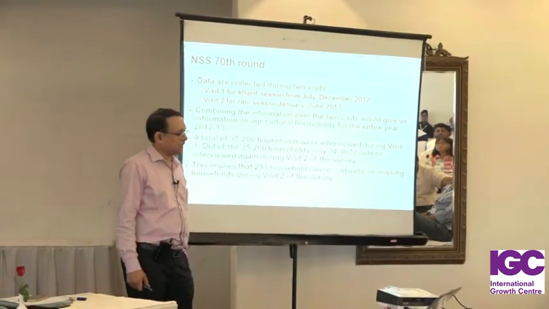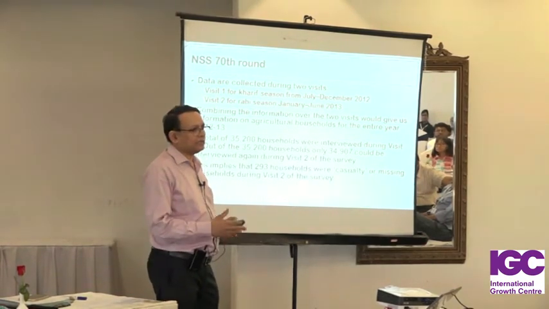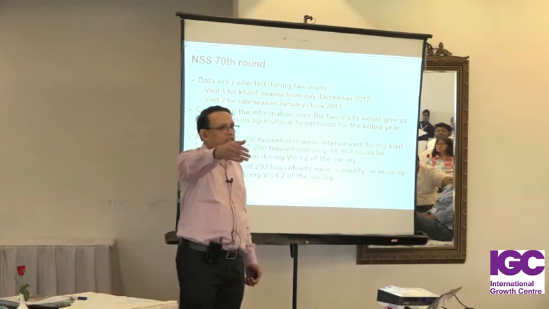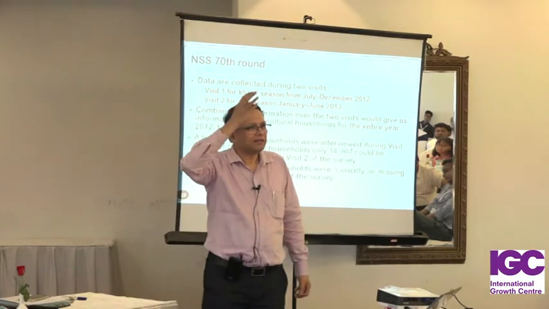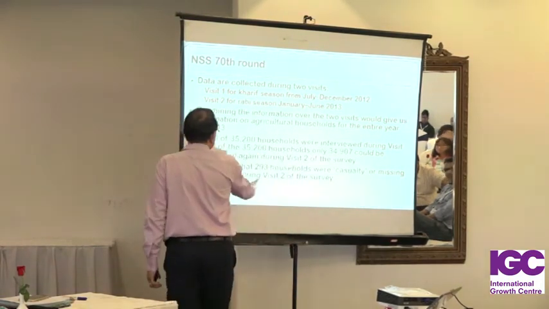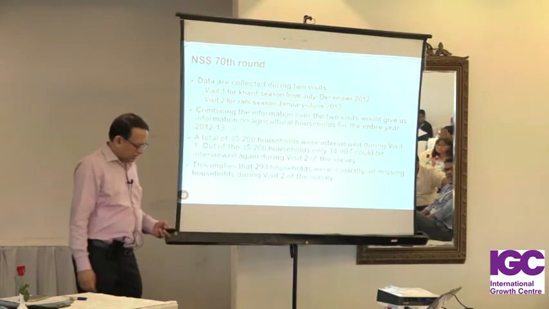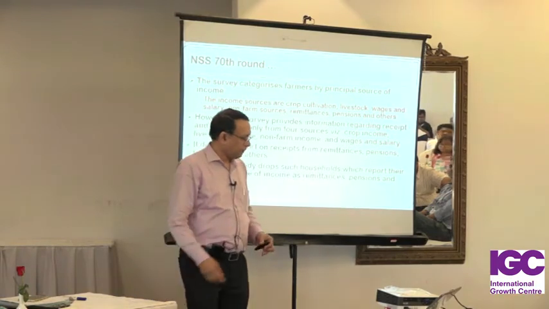So basically, you go in visit 2 and you find that the household is not there because they have migrated. But that casualty is very, very small. 293, so that doesn't affect the survey outcome much.